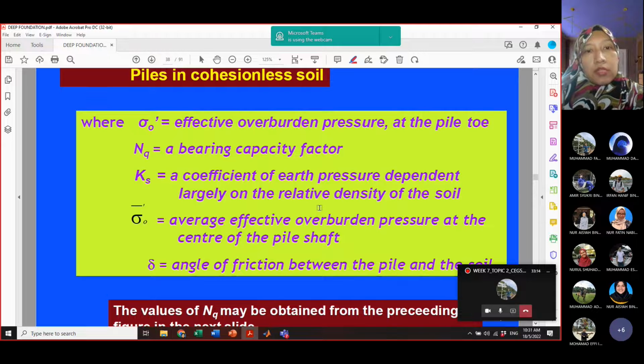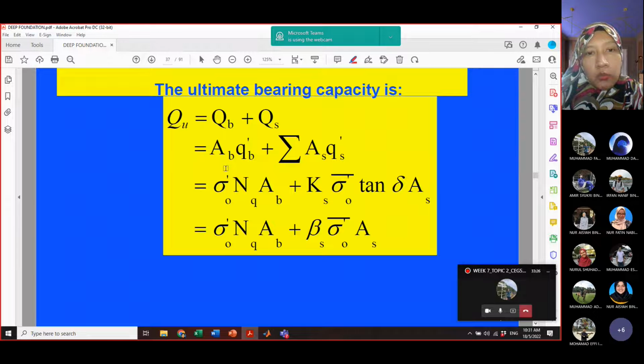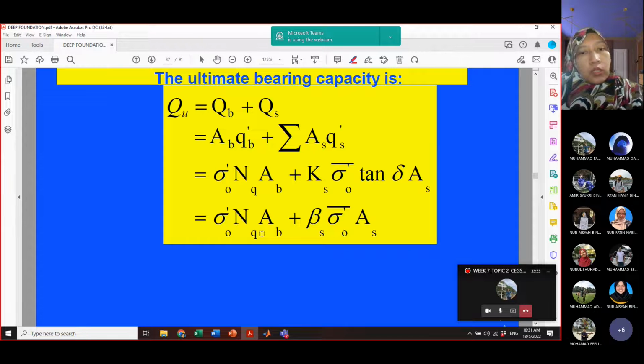Okay, the explanations on the elaborations of the formula, you akan nampak the effective sigma naught is the effective overburden pressure at the pile tip. So, what we want to estimate bila kita ada QB ni adalah base ataupun bottom of the pile. So, you nak tengok NQ ke apa semua, you kena tengok pile tu, pada bottom pile tu dia berada pada layer sand yang mana.